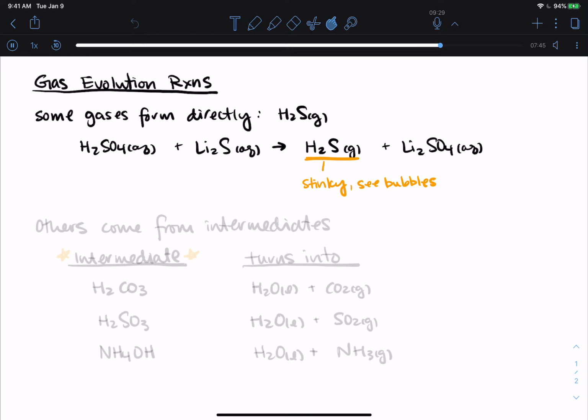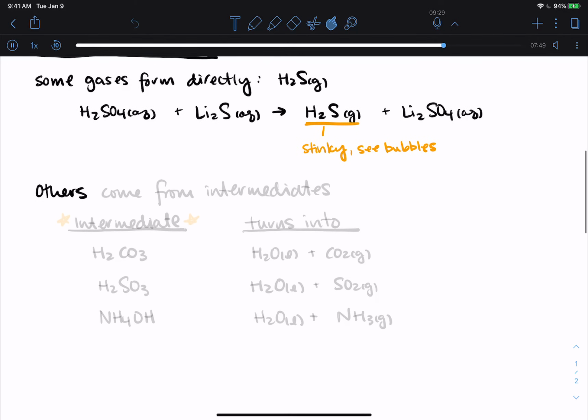Other gases come from intermediates. So if you create one of these intermediates when you're swapping partners, you need to turn it into the final product for your final answer.